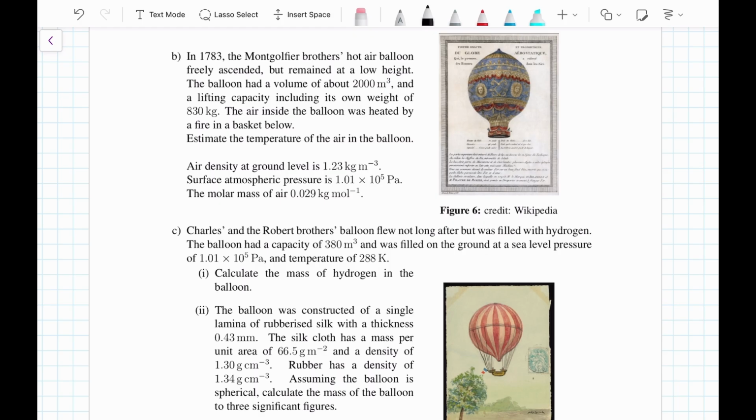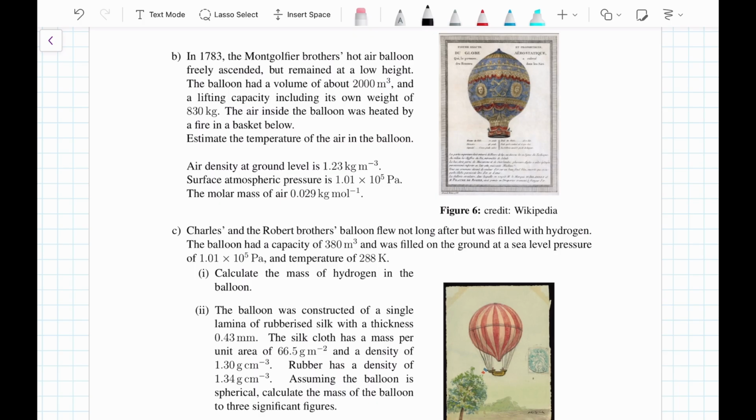And then it gave us the air density, the pressure, and the molar mass of air. So I think basically we have to set an equation between the weight of the entire balloon and the buoyancy force.